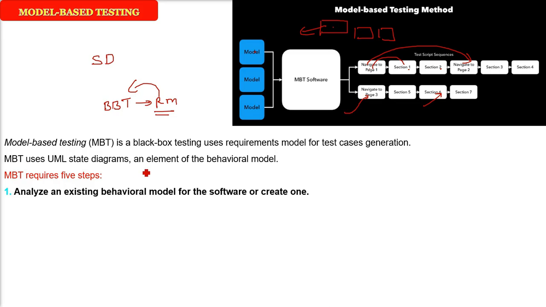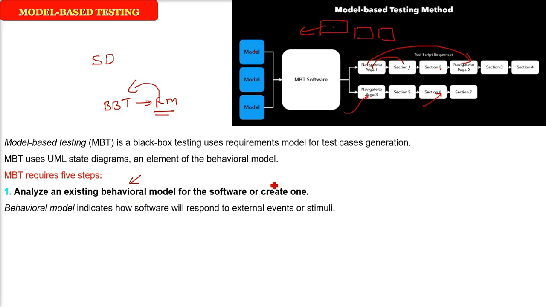Model-based testing requires 5 major steps, because this also involves creating. That is, we will analyze an existing behavioral model. If this behavioral model is there, it is okay. Otherwise, you need to create a behavioral model in order to do model-based testing. Because what is a behavioral model?